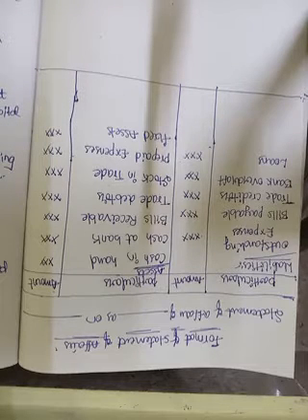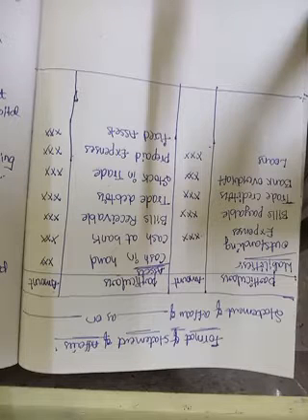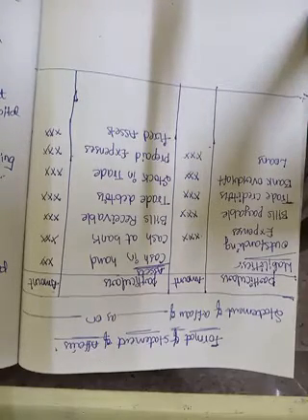Then what we find in the statement of affairs method means we'll find out the capital. Which side does capital come on, either asset side or liability side? How to get this capital?